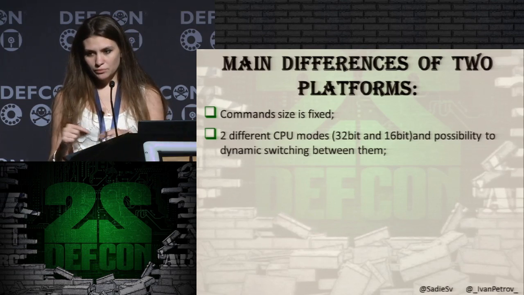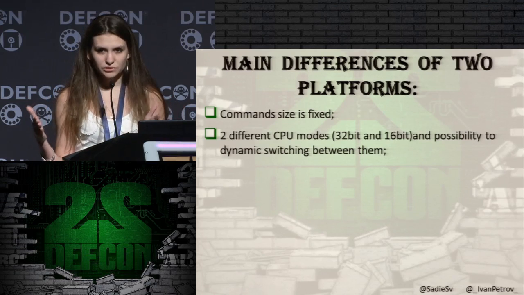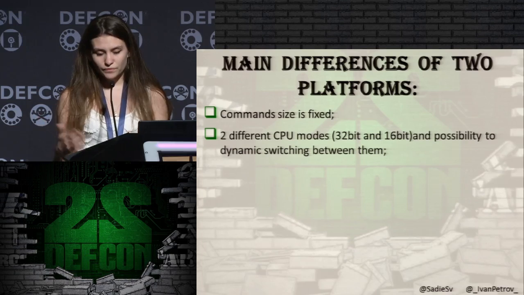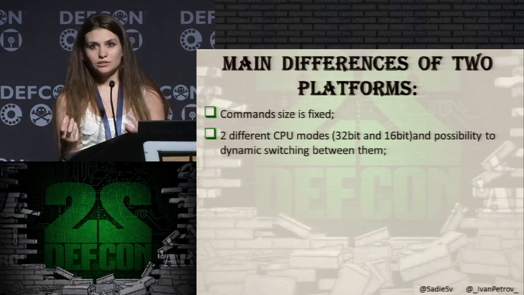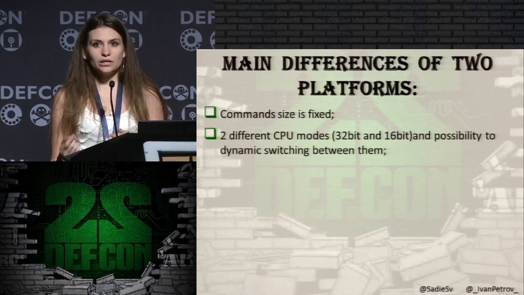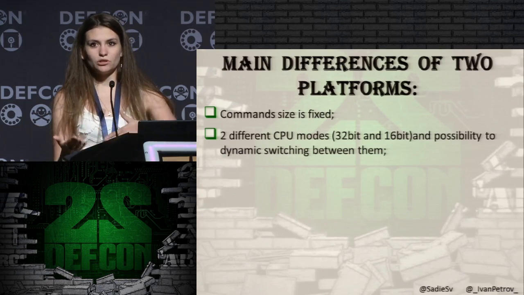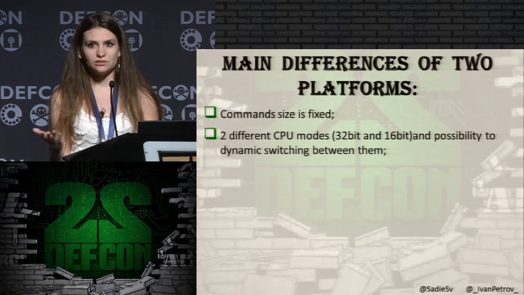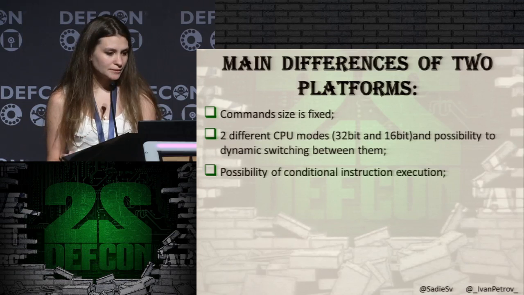For example, you try to disassemble your piece of data in ARM mode, and you have some signature on it, so you try to detect those signatures. If you switch to another CPU mode dynamically, you will break your signature. So it's a simple obfuscation technique.